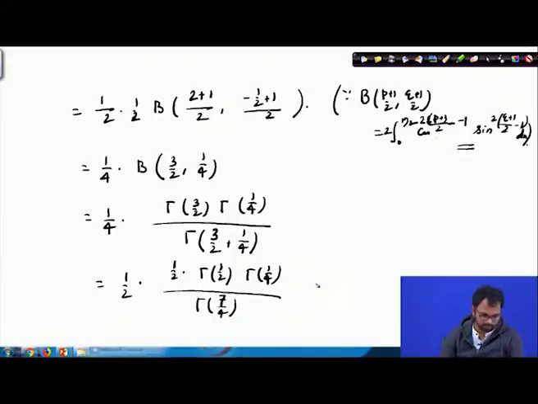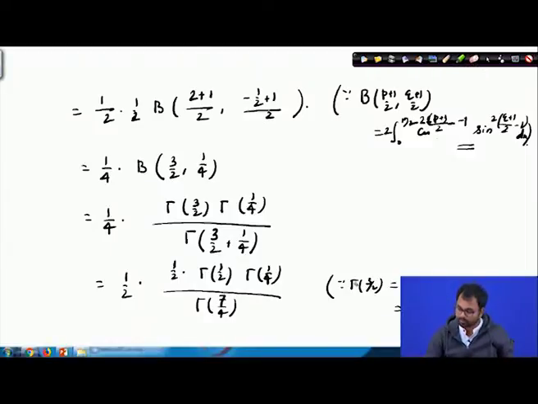We note that gamma 3 by 2 can be written as gamma of 1 plus 1 by 2, which is half times gamma half.